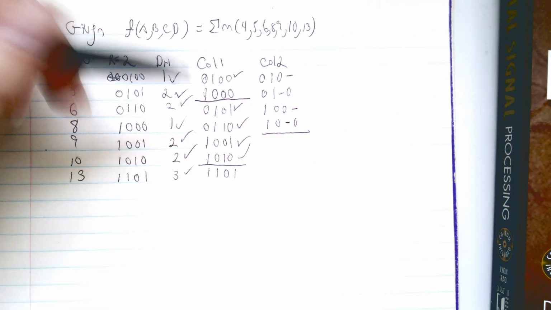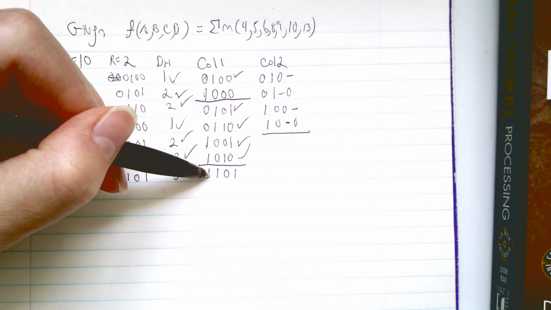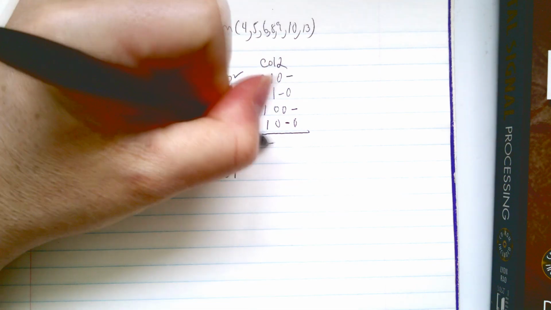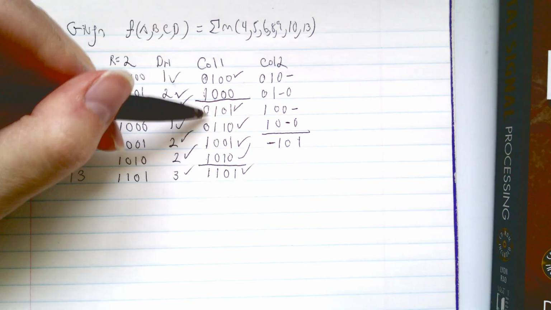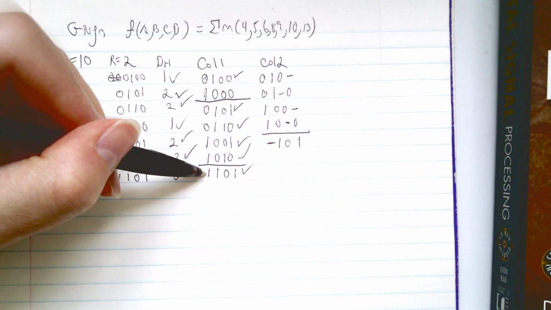Now we can compare these min terms against the final min term, and that'll make dash 1, 0, 1. This one has 2 bits of difference here, so that doesn't work.